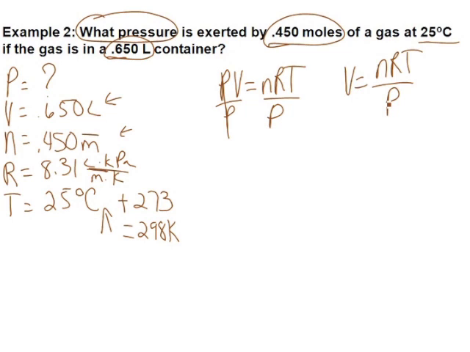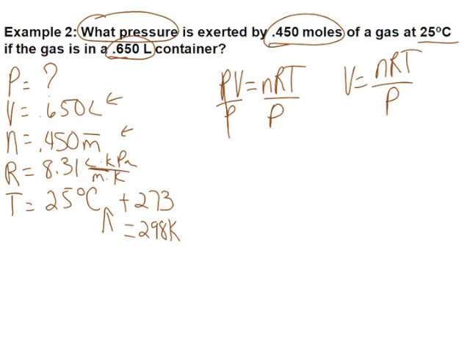Okay? So plugging in, we know that our n is 0.450 moles. Our R is 8.31 liters kPa over moles kelvins.